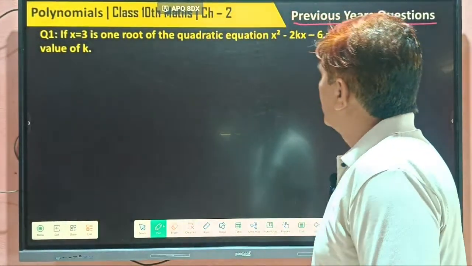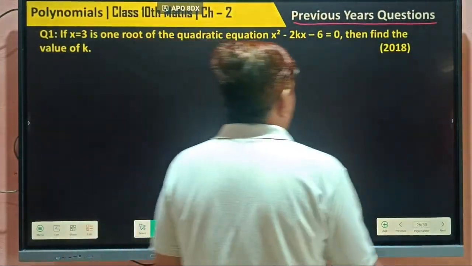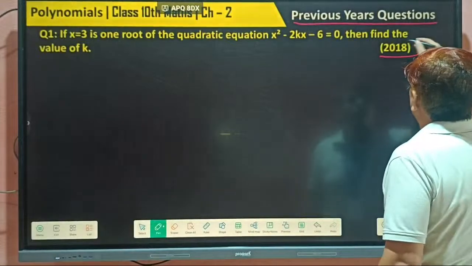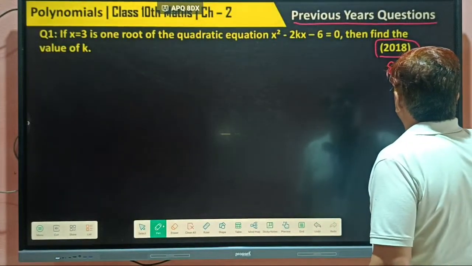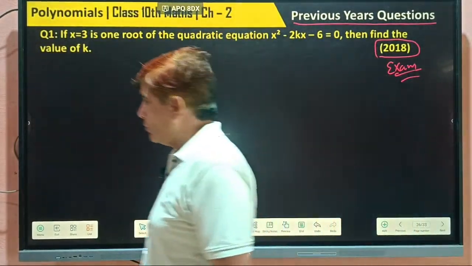Understood? So we can start with question number 1, which came in the year 2018, in the CBSE board exam. What's given?